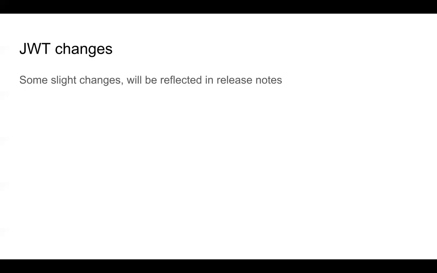There will be some slight changes in the JWT format, but most of them relate to rarely used fields of JWT. But this will be reflected in the release notes because it's very hard to tell about. It's better to read.